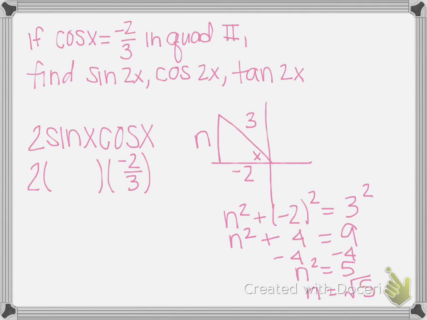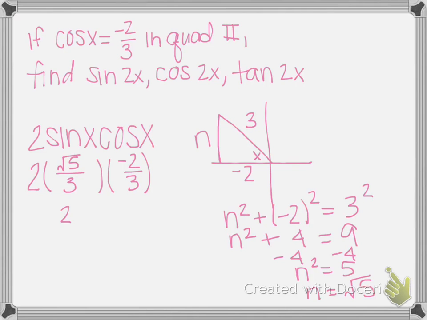Okay, so then what is our sine of x? Square root of 5? No, we just found n. That's n. We found n, but what's our sine of x? From where? What angle? Opposite over hypotenuse. So square root of 5 over 3. Good job. Then we have what? Can we simplify this? Yeah, on the bottom. It's going to be 2. 2 times what?